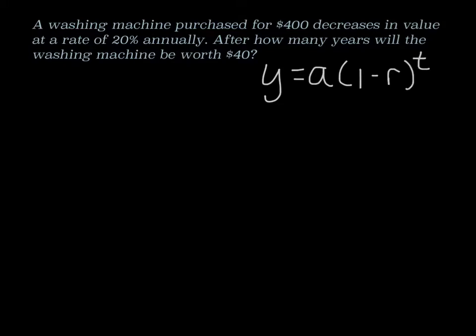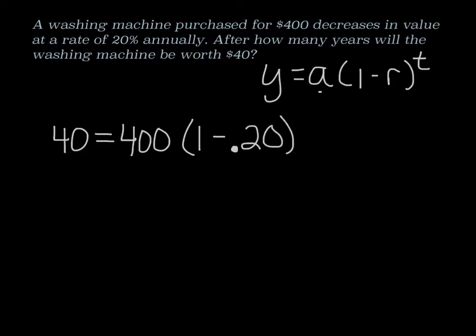And don't worry, I will give you that on the test as well. That's the decay formula. So we're going to plug in our after amount for y, so 40 equals, a is your prior amount, so 400, times 1 minus 0.2, because that's your rate, raised to the t.